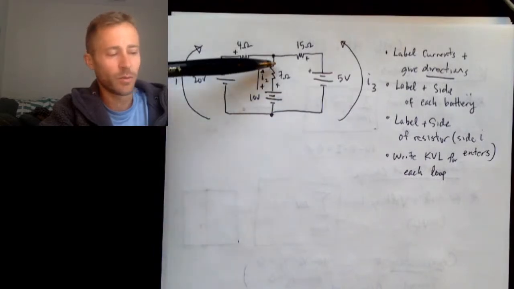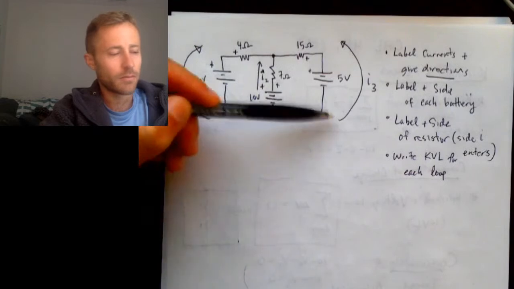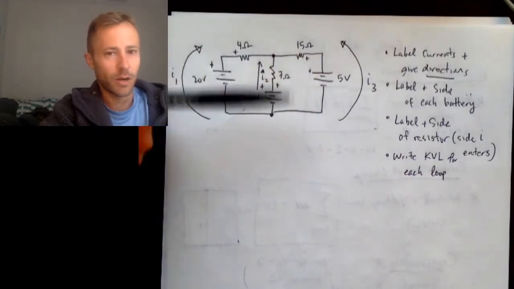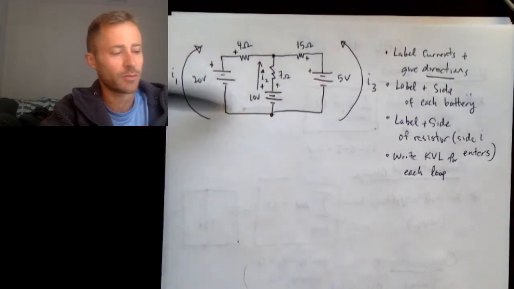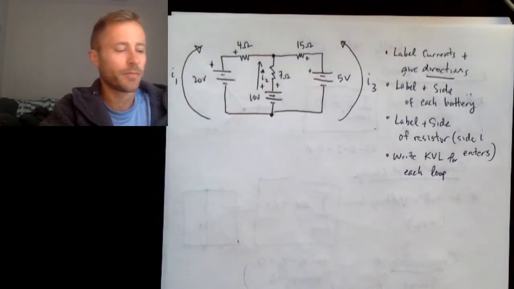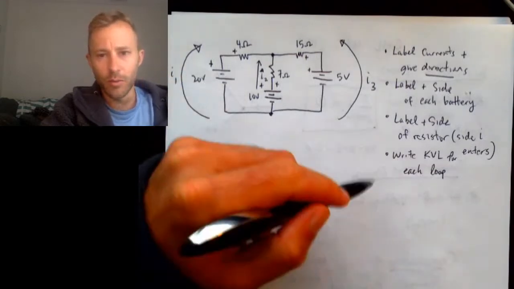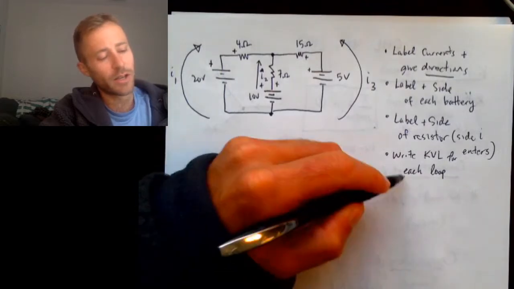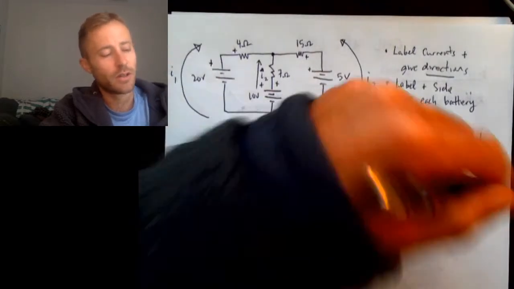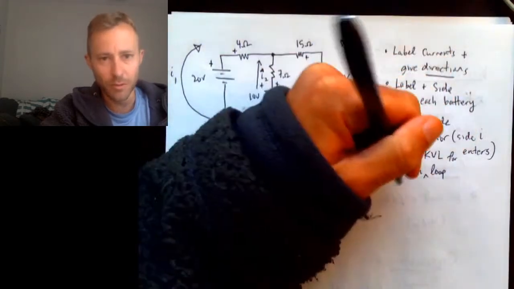I could do the right side loop. Or I could do the big loop that goes around the outside. So that's 3 possible loops. So there would be 3 equations, but you are only going to write a KVL equation for each, I'm going to call it a minimal loop.